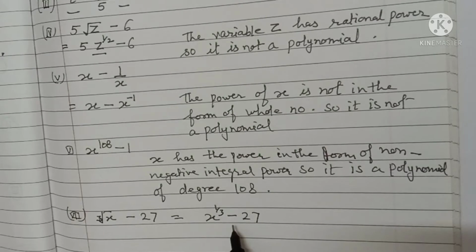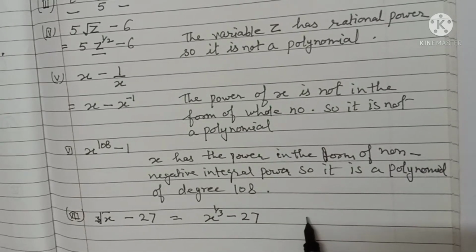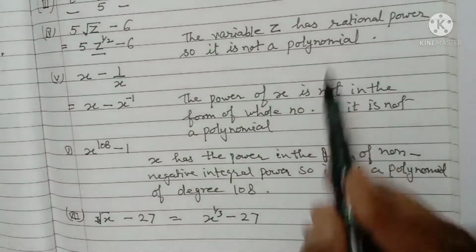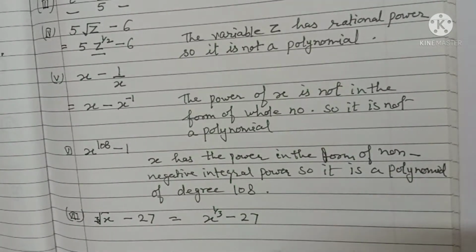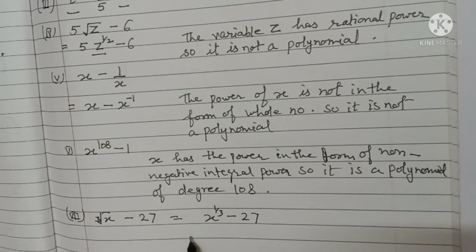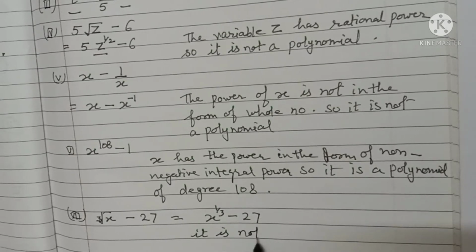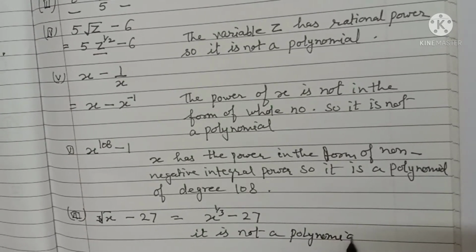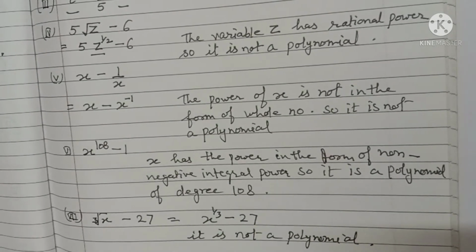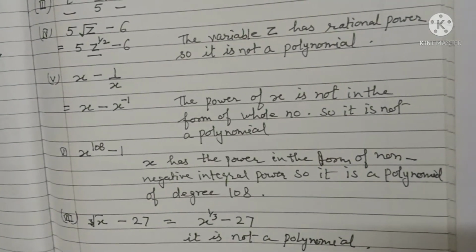So give the reason. It is not a polynomial. You can write the reason by yourself as I gave it in the above parts, so I am giving only the answer. It is not a polynomial. If it is not a polynomial, then don't write the degree.